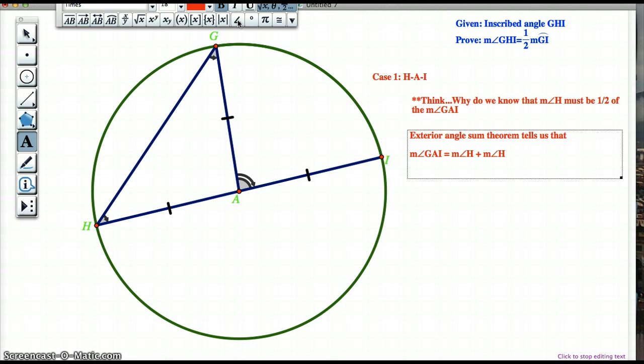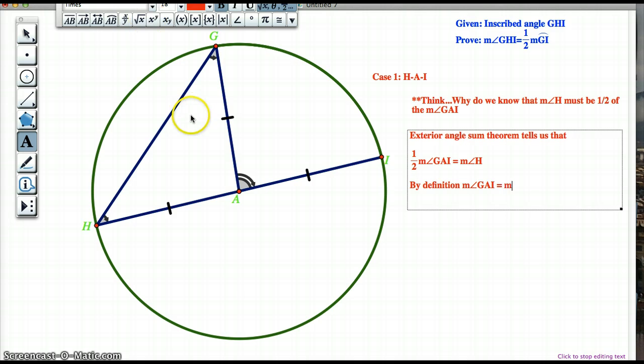And now I can add the right side of the equation together, use a little addition. Measure of H plus measure of H is going to be 2 times the measure of H. And if I divide both sides by 2, then I get the measure of angle H is equal to 1/2 the measure of GAI. By definition, the measure of angle GAI is equal to the measure of arc GI.